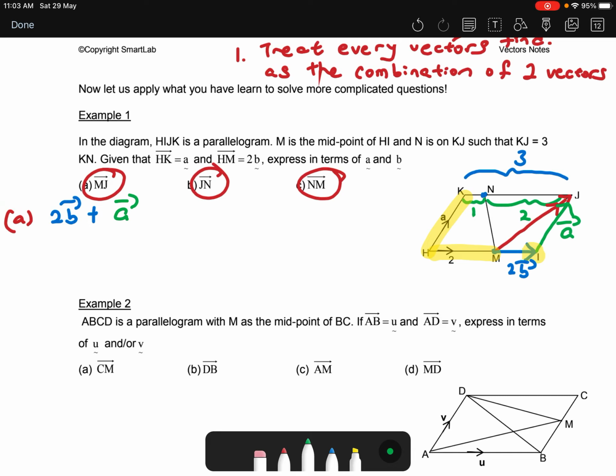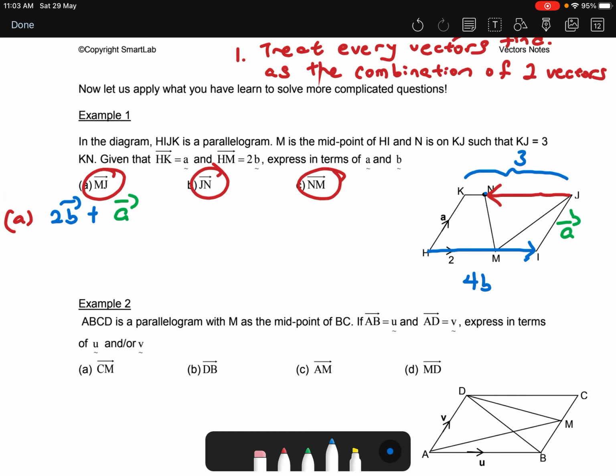What about b, JN? Let me erase all this. JN is this, right? I'm pointing from J to N. So this will be the vector MI, which is 4b, because here is 2b, here is 2b, so adding up gives you 4b.